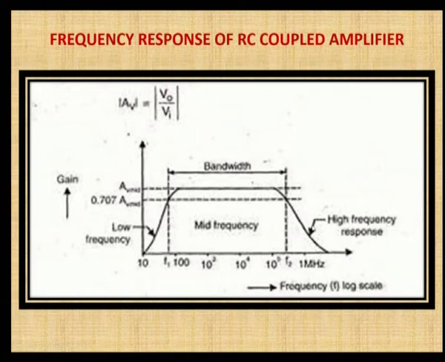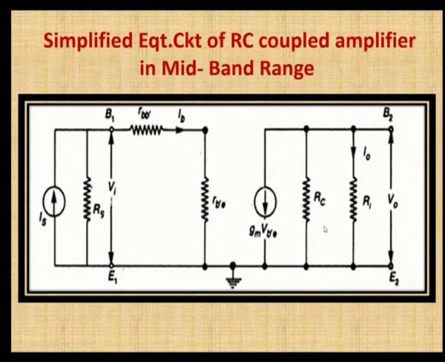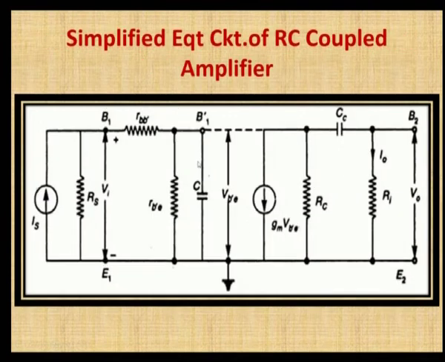So, this is the simplified circuit. For mid-band analysis there is no capacitance in the circuit. For high frequency analysis only this capacitance will come into effect, and so you will have the response of a low pass filter, and in low frequency analysis only the coupling capacitance will come into effect, and so you will have a high pass filter effect on the circuit of the RC coupled amplifier.